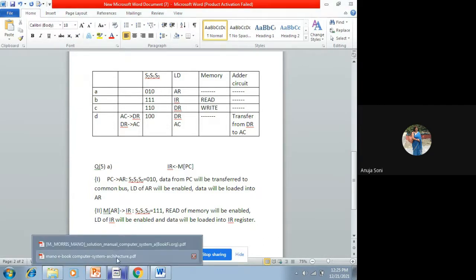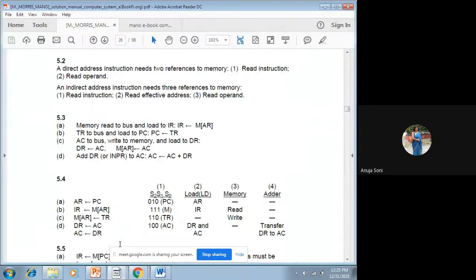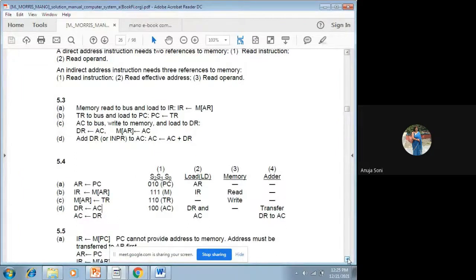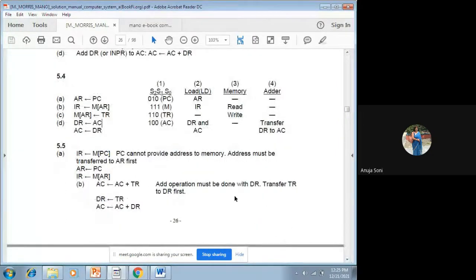Now we come to the solution. Question number 5, A part. You can see the copy there in a very concise manner. In the solution, the answer is written for M of PC to IR. It is saying no, in a single go it cannot happen. Why? PC cannot provide address to the memory because the address register is there.